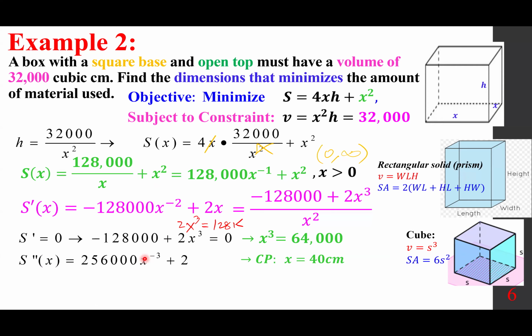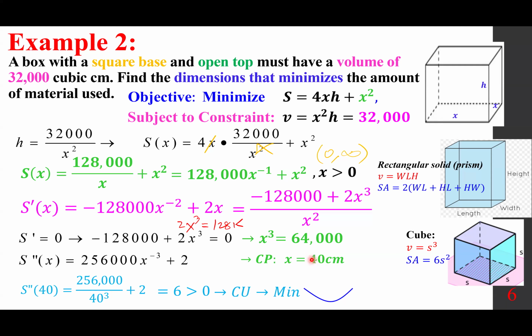So we have 256,000 divided by x cubed, which is 40 cubed, plus 2. You don't even have to know what the answer is to recognize this is positive, because positive over positive is positive, plus 2 is even more positive. What is the significance of being positive? Concave up means minimum. Why? Concave up looks like that, and here's the minimum. So minimum occurs when x is 40.